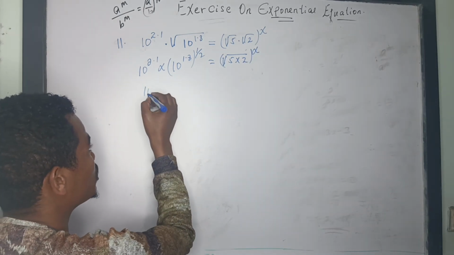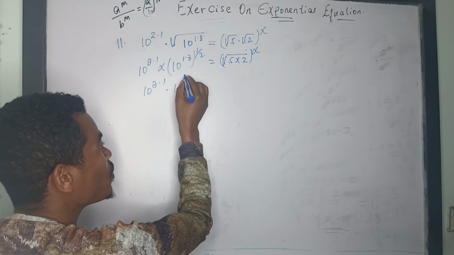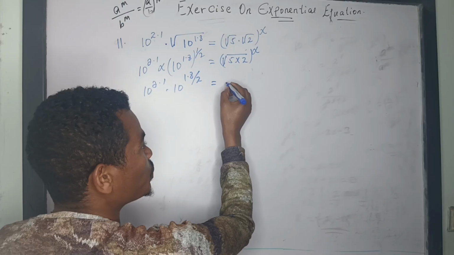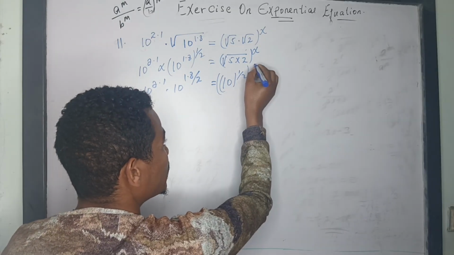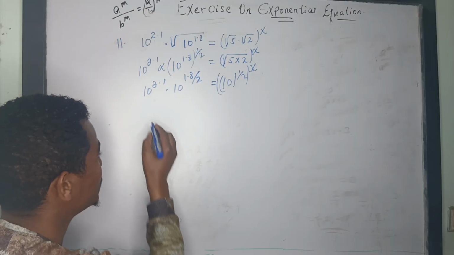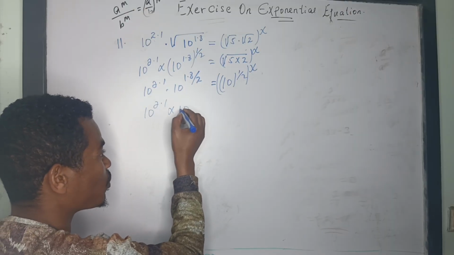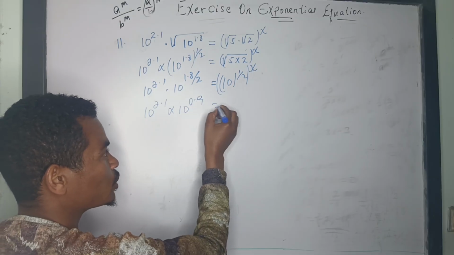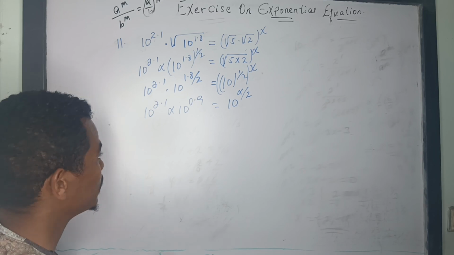So this is the same with 10 to the power of 2.1 times 10 to the power of 1.8 over 2 is equal to 5 times 2, which is 10, to the power of 1 over 2, to the power of x. So this is the same with 10 to the power of 2.1 times 10 to the power of 1.8 divided by 2, which is 0.9, is equal to 10 to the power of x over 2.